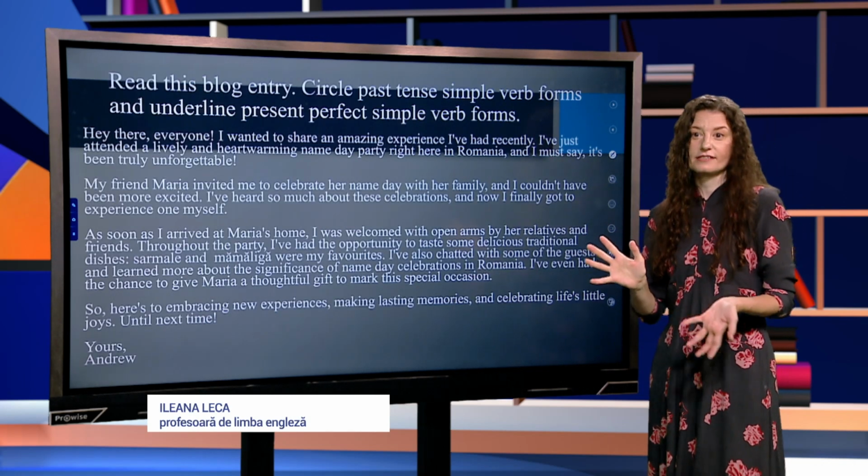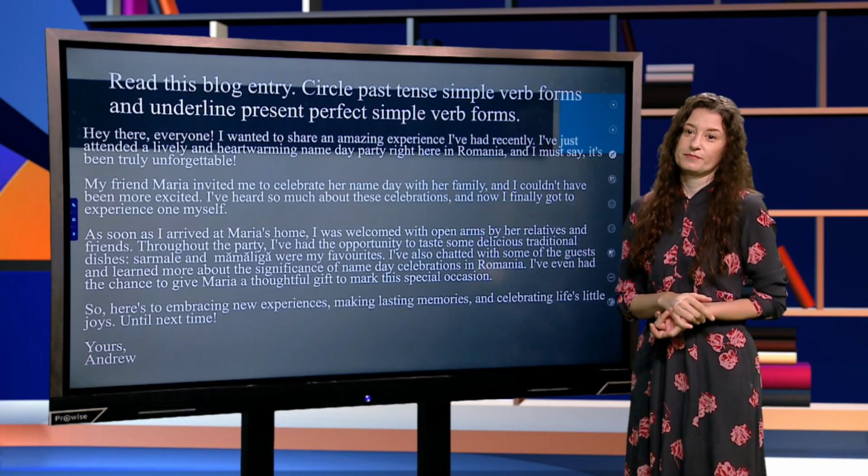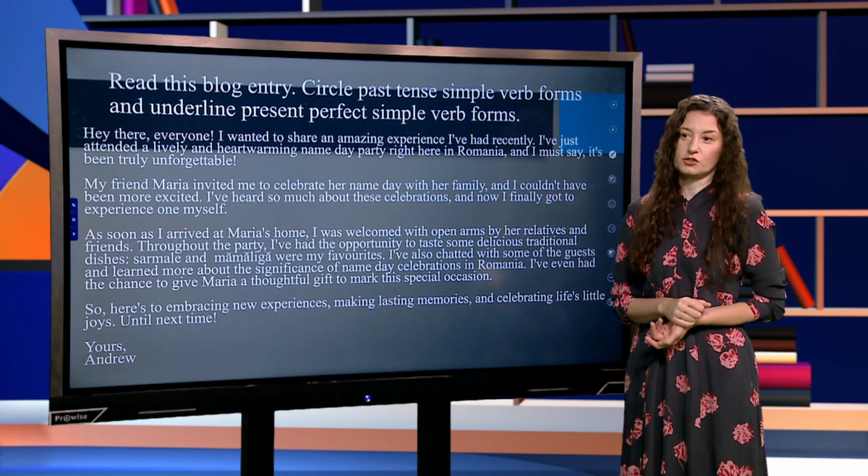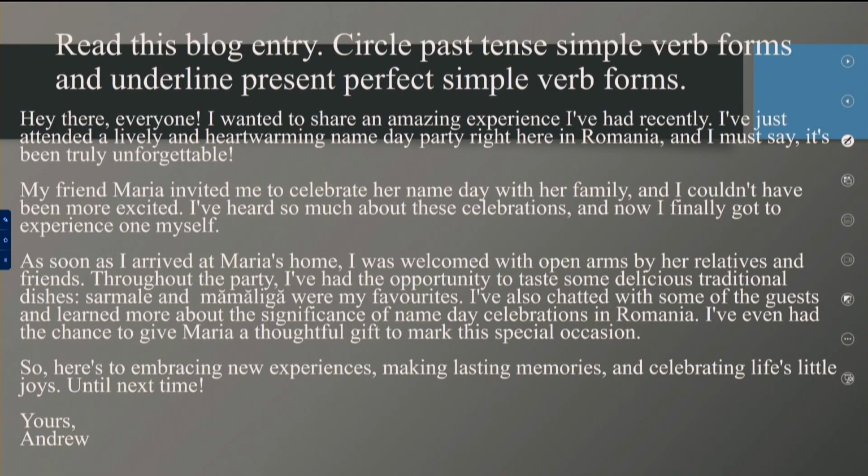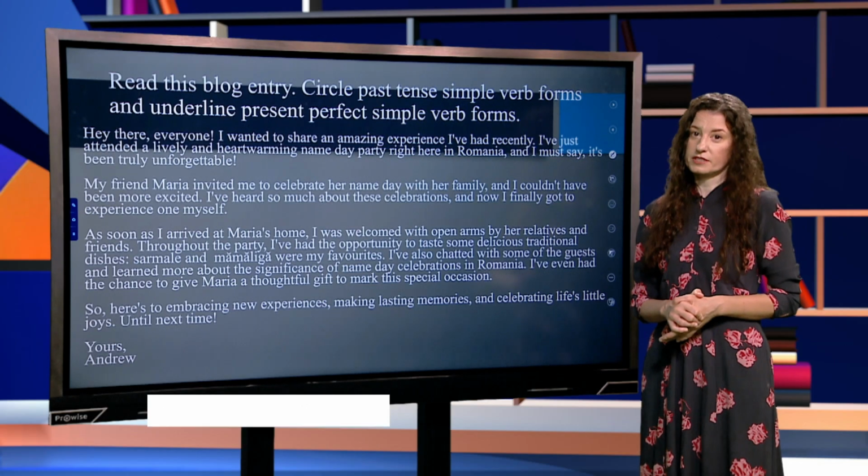Here's a longer text. It's a blog entry. A person whose name is Andrew has written this on his blog, telling us about his experience of attending a party. As we read through the text, I'd like us to circle past tense simple forms and underline present perfect simple verb forms.